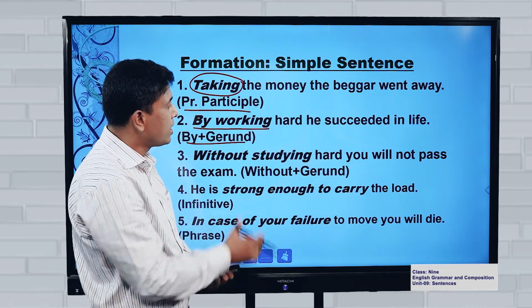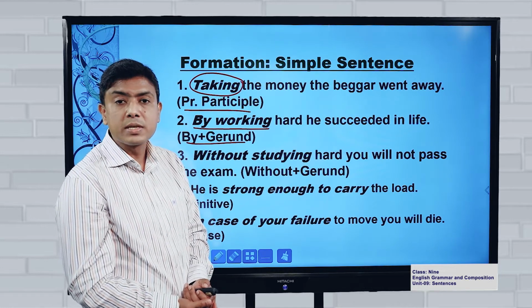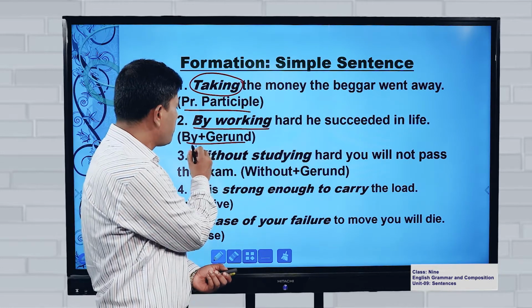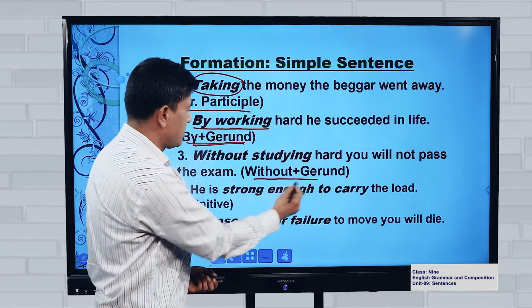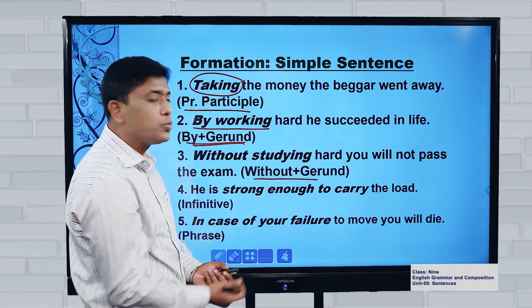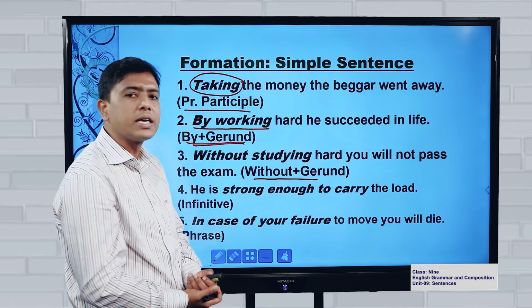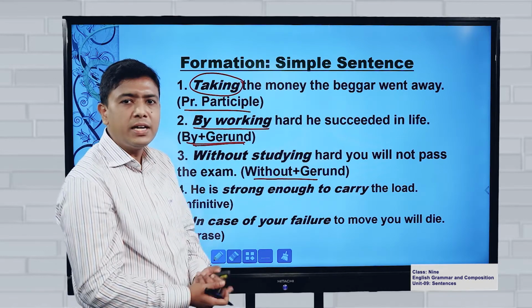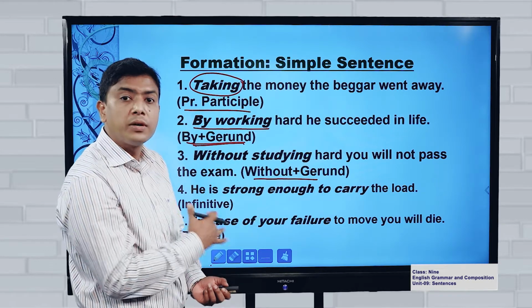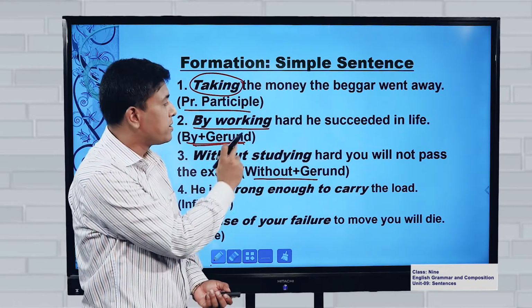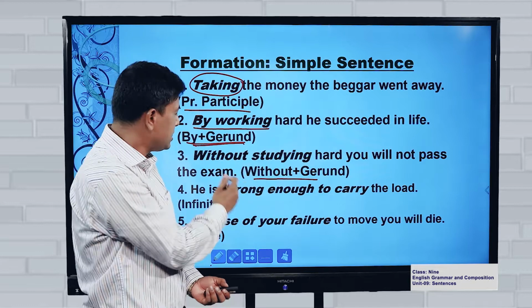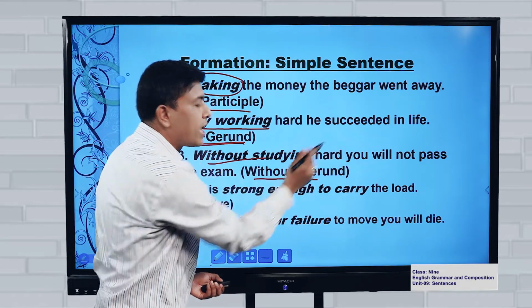It is also a beautiful example of simple sentence. Remember, by gerund. We can also have without gerund. See, without studying hard, you will not pass the exam. So almost the same idea, but when you want to write something contrary to by doing something, by working something, then use without and use a not.